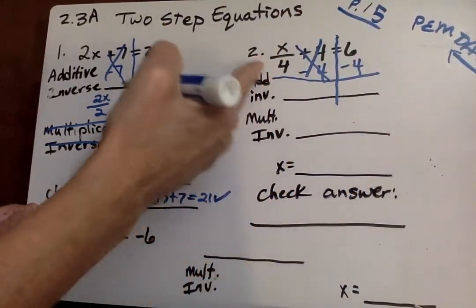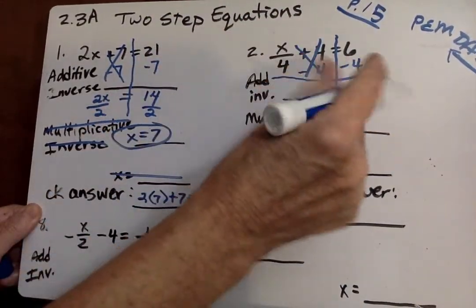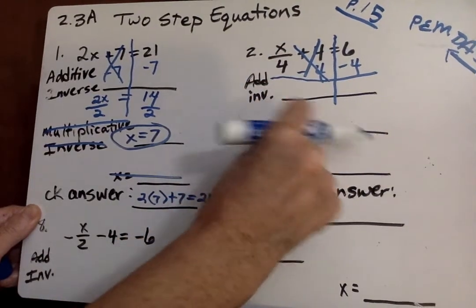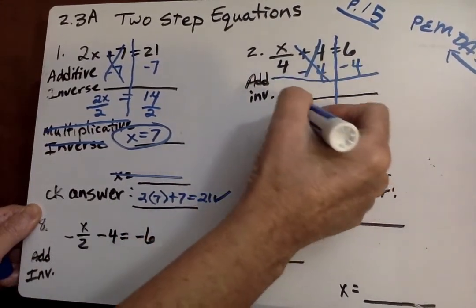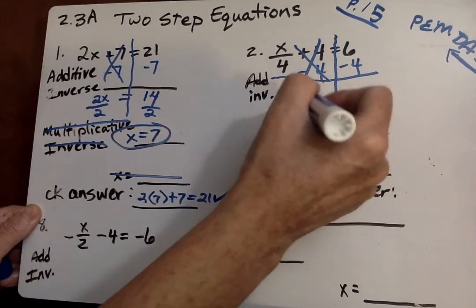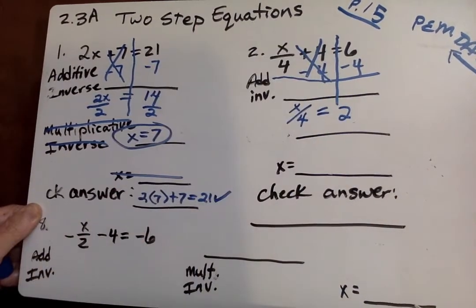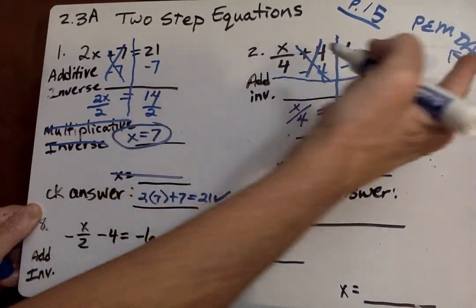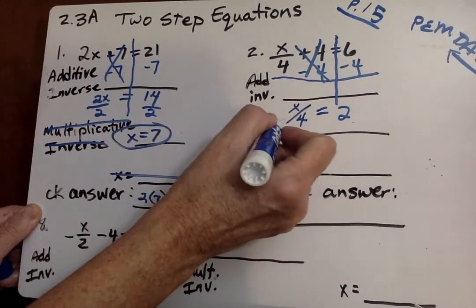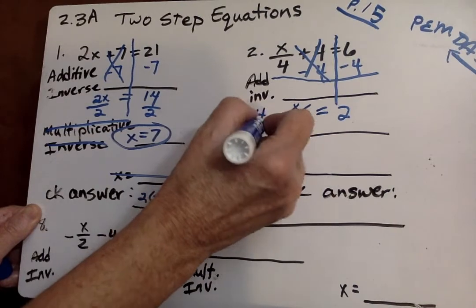Okay? So this goes away. And again, it's whatever side has the variable. So we get x over 4 equals 6 minus 4 is 2. Then we do the inverse operation from divide. This is divide by 4, so I'm going to times by 4.